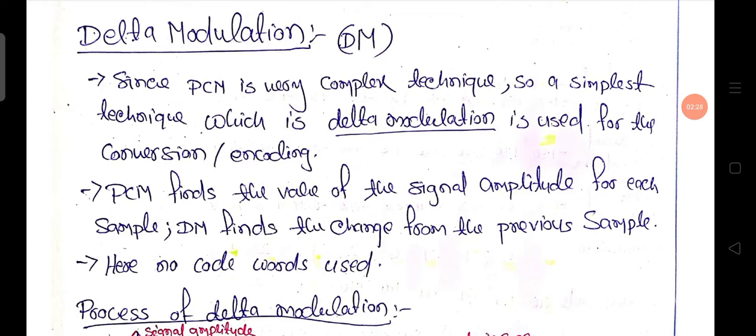And in PCM modulation we use 4 bits per sample, that means 4 bits of coding. Previously you saw one sample is represented into a 3 bit or 4 bit binary code.